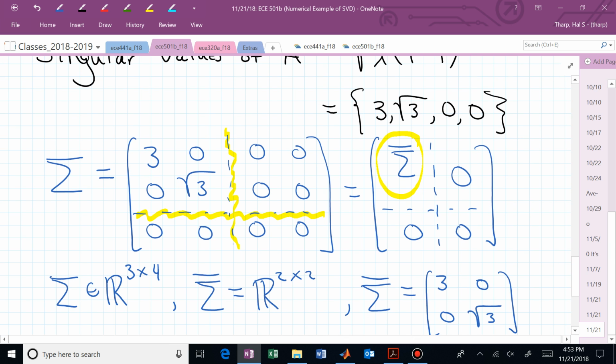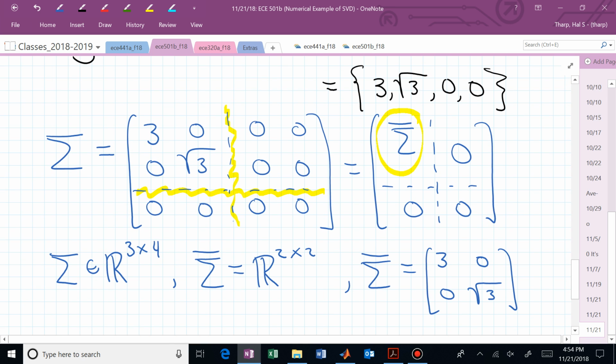In sigma, we have a 3 by 4 matrix. We only have a certain submatrix within that rectangular matrix that has non-zero entries on the diagonal, and that's what we're defining to be sigma bar.